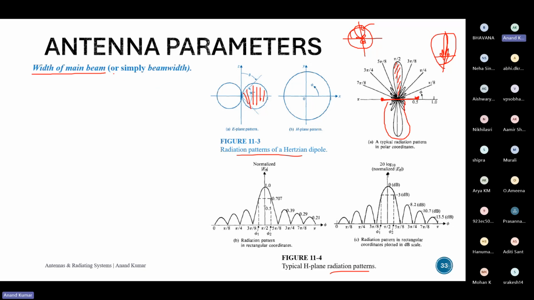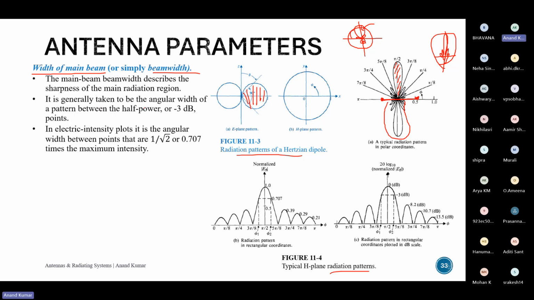Coming back to the width of the main beam, or simply beam width. What is this beam width? I've written a lot of text over here. The first way to define it is the half power, and half power is minus 3 dB. I hope everybody follows this: 10 log base 10 of half is equal to minus 3.